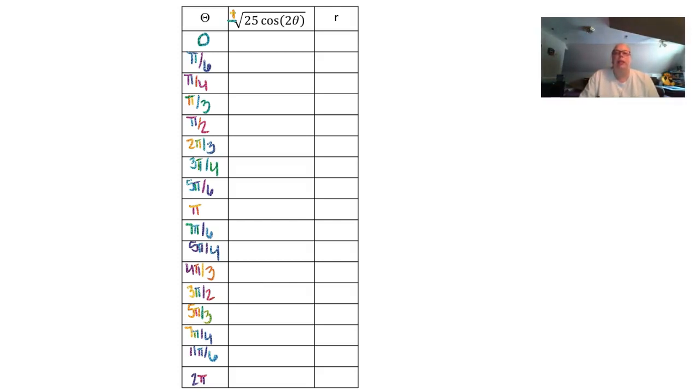So this is going to be the square root of 25 times the cosine of 2 times 0. And when I put that in my calculator, that gives me the square root of 25, and when I square root 25, that's going to give me plus or minus 5. So that means I am going to graph the point positive 5 and 0, and I'm also going to graph the point negative 5 and 0.